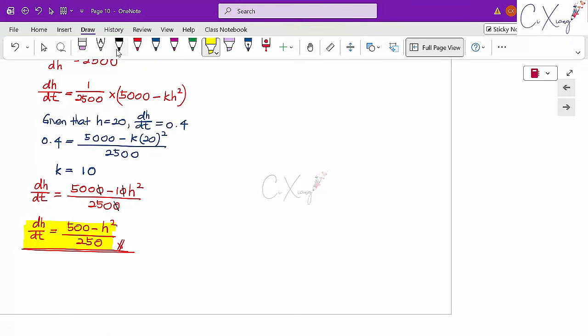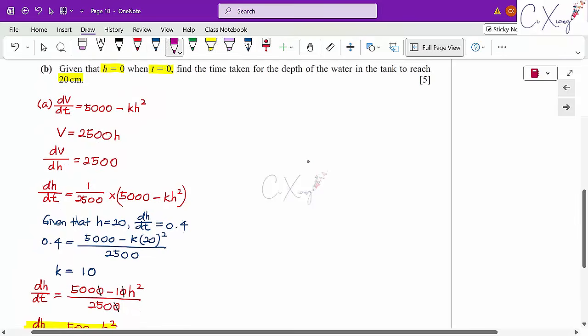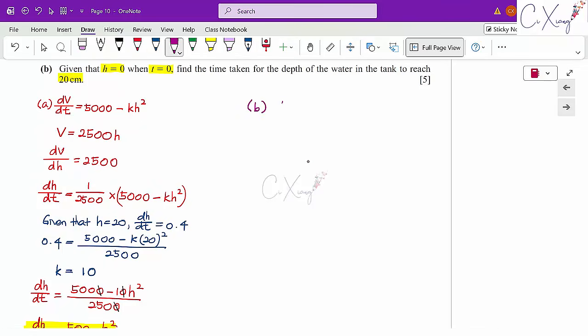All right. Okay, so let's solve the differential equation first. I'm having part B here. Right, so I have my differential equation. Okay, so this is what I have.